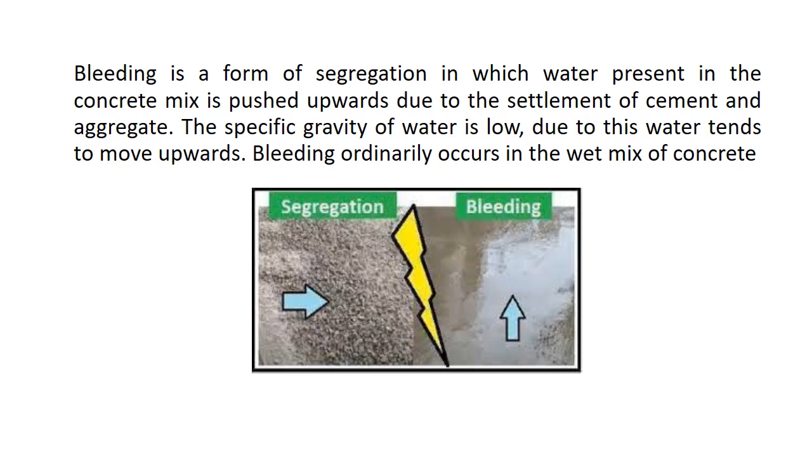A well-made concrete takes into consideration various parameters such as grading, size, shape, and surface texture of the aggregate, with the optimum quantity of water as a cohesive mix. Such concrete will not exhibit any tendency for segregation.